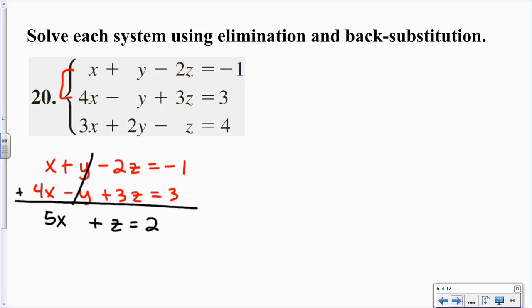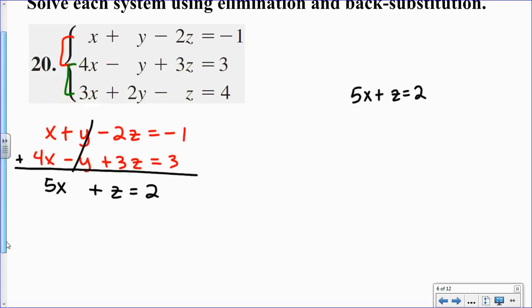Okay. So I'm going to put that equation to the side. And now I want another equation. I want to get another equation that just has x and z in it. So I have to take 2 different equations. One of them will be the same, but I can't take the same 2. I want to take 2 different ones. So let's say I'll do these 2.